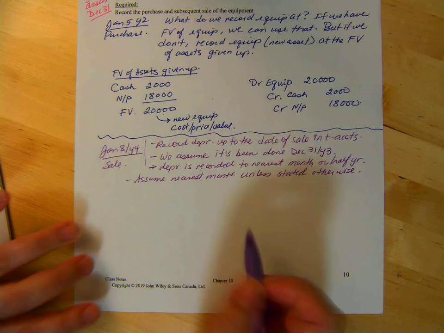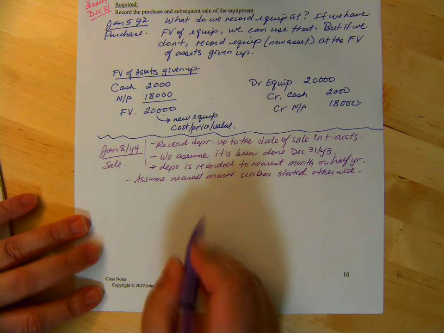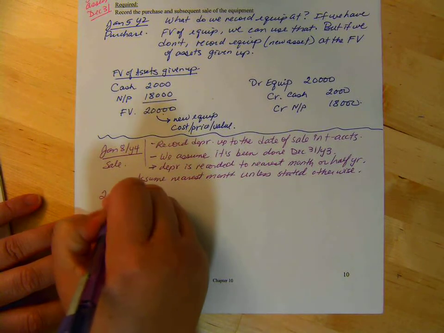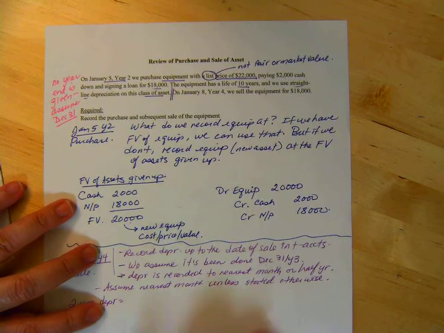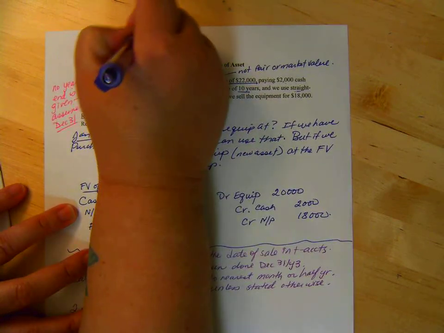Okay, so that's 2 depreciation. So 2 years depreciation equals, do you remember the straight line formula? We'll just write it up here.